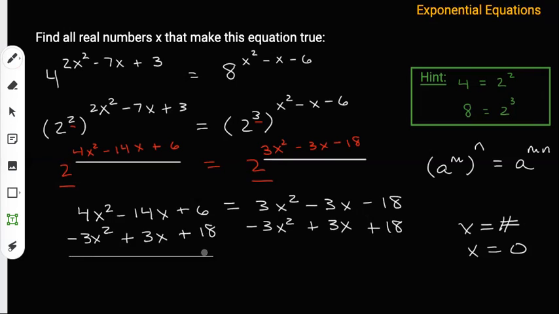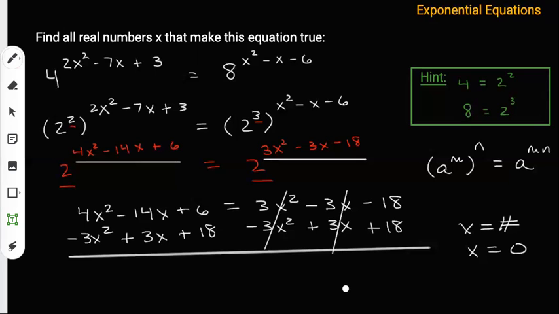Let me draw that straight line. Okay, so what happens here is the x squareds cancel out over here, right? Because I have 3 minus 3. Over here, the x terms are going to cancel out, right? I've got negative 3x and a positive 3x. And then over here, I have negative 18 and positive 18.